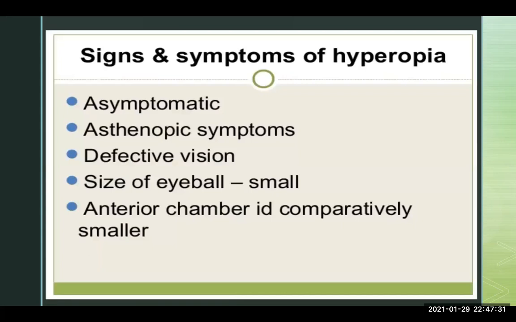Signs and symptoms of hyperopia: it may be asymptomatic, with asthenopic symptoms, defective vision. The size of the eyeball will be small in axial hyperopia, measured by the A scan. The anterior chamber will be smaller or shallower comparatively to normal persons.